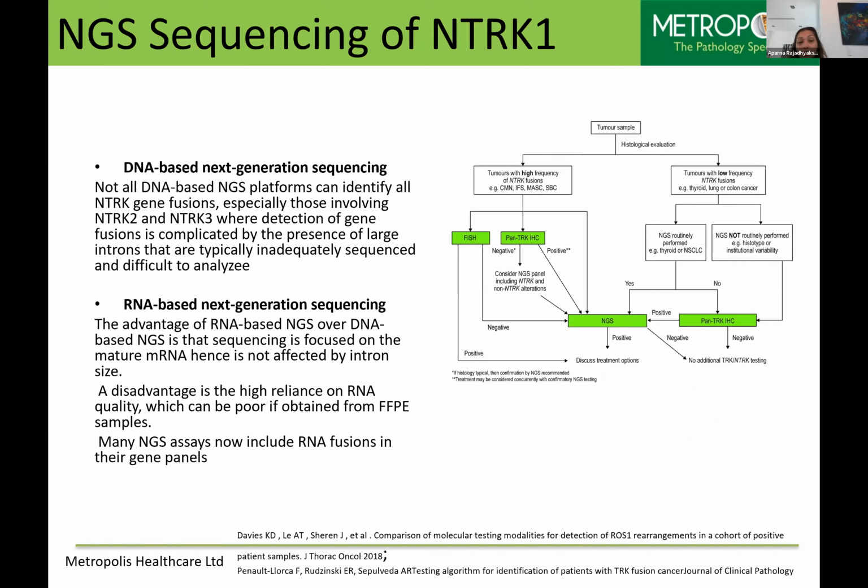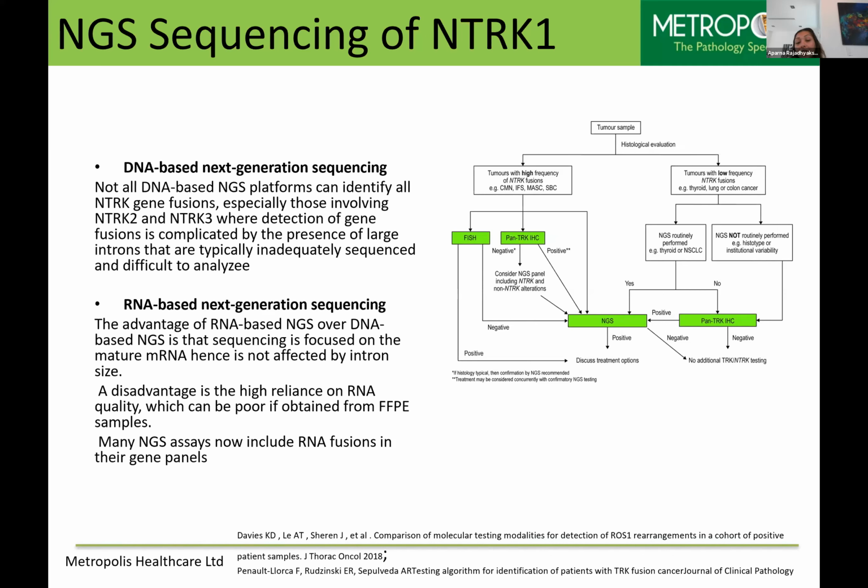With DNA-based NGS, you're not going to get all of them. You get some of them, but it doesn't capture everything, and it's hard to sequence because of the large number of introns in these genes. So what they recommend is RNA sequencing. A lot of the panels now offer RNA-seq fusions as part of their panel, which includes DNA as well as RNA fusion proteins.